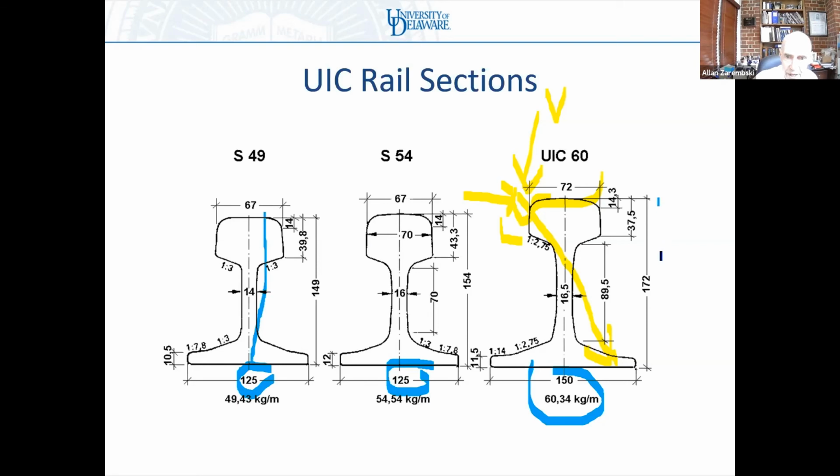Whereas if I go to a 60 kilogram section of rail with a moment of inertia that's significantly higher, then my stresses are correspondingly lower. So it's one of the ways to reduce the stresses in the rail. It also reduces the deflection. The deflection is lower for the heavier rail section.